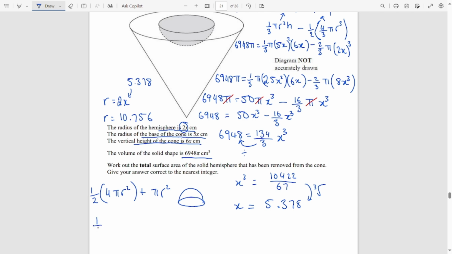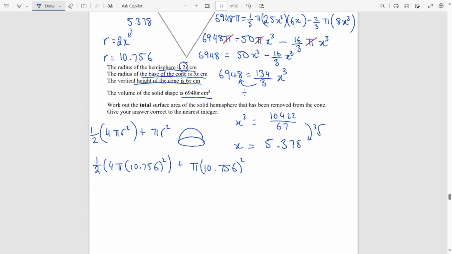So let's fill that in instead of the radius. We have 1/2, 4 pi, and then now r is 10.756 squared plus pi r squared, 10.756 squared. And then you can just run that whole thing into your calculator. Now you can type that in exactly as it is, or if you've simplified it down into separate parts, you can do as well.